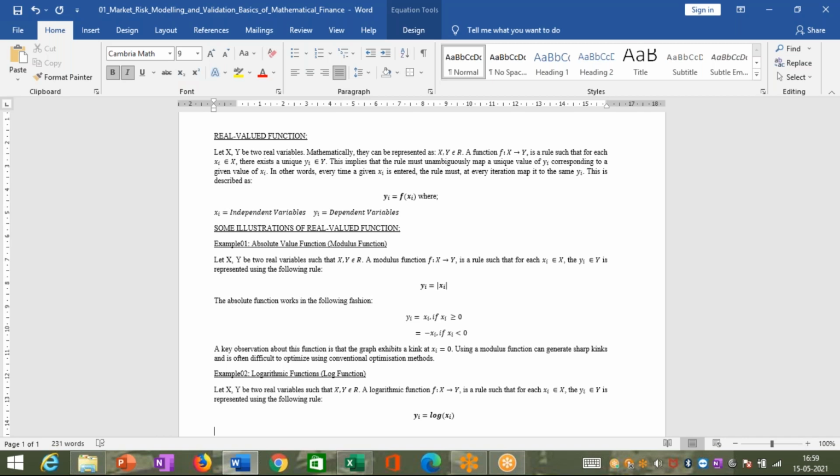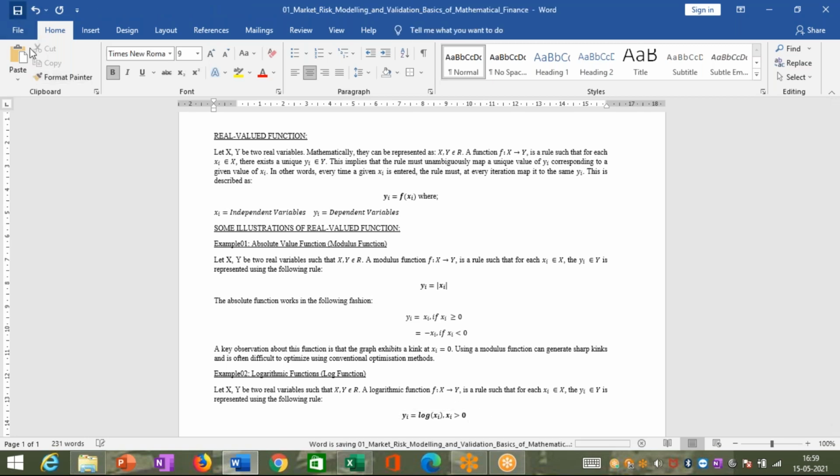So this is for xi greater than 0. In fact, log is undefined for all xi less than or equal to 0.